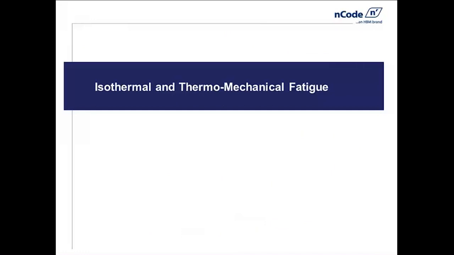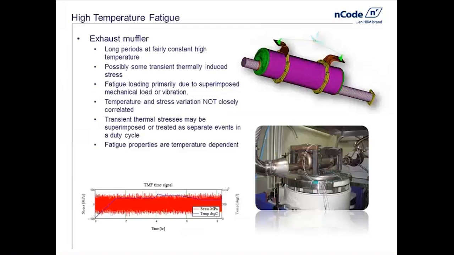Finally, we're going to go on to the last aspect of today's presentation and look at temperature effects. Here we're looking at the fatigue performance where we have an influence from temperature. There are two major influences we could see.